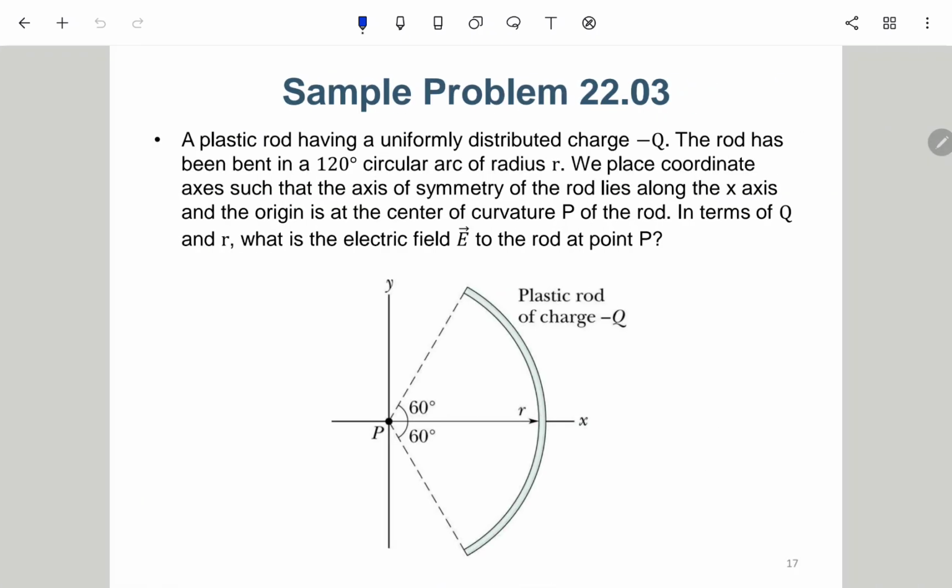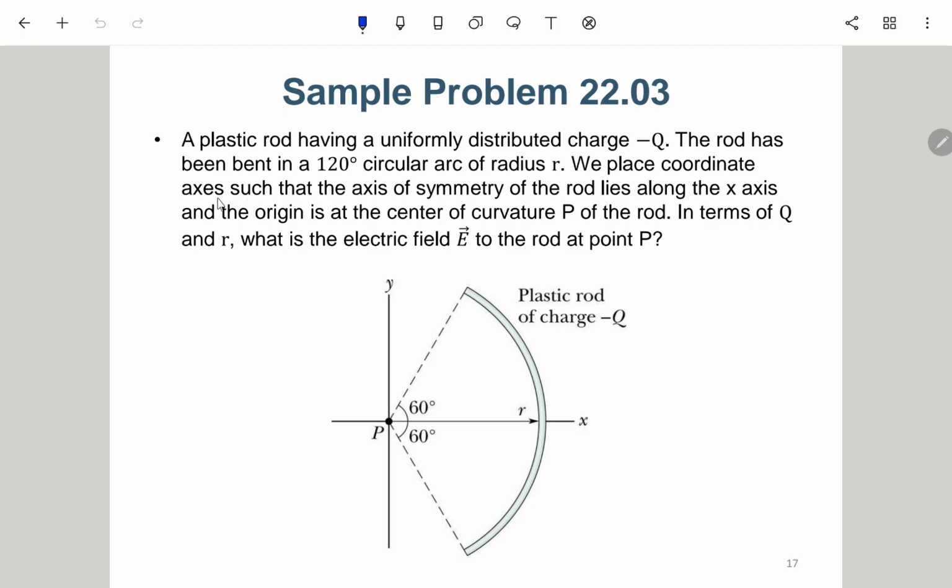So here is a sample problem. In that case, we will do some integration. A plastic rod has a uniformly distributed charge negative Q. The rod has been bent in a 120-degree circular arc of radius r. 现在我们有一根杆子，把它掰成一个圆弧，120度的圆弧，它的曲率半径是小 r.